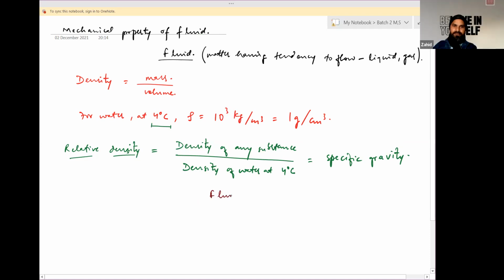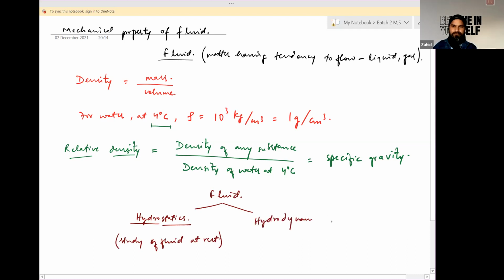So we mainly divide the study of fluid into two parts. First is hydrostatics, the study of fluid at rest. And second is hydrodynamics, the study of fluid in motion.